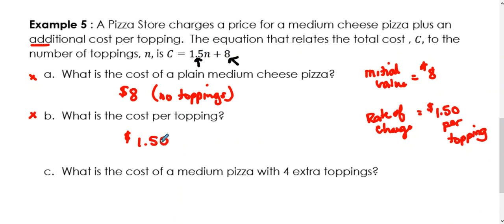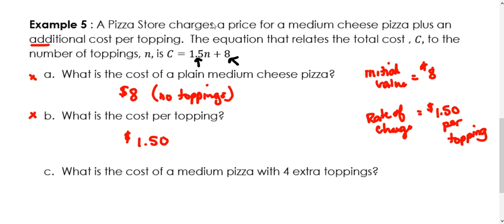And just so that we have 2 decimal places for money, that's what I kind of look at. Okay, so it's changing by $1.50 for every topping that I add on. So we're interpreting the equation by looking at the constant and the rate of change. So that's what we're implying today.